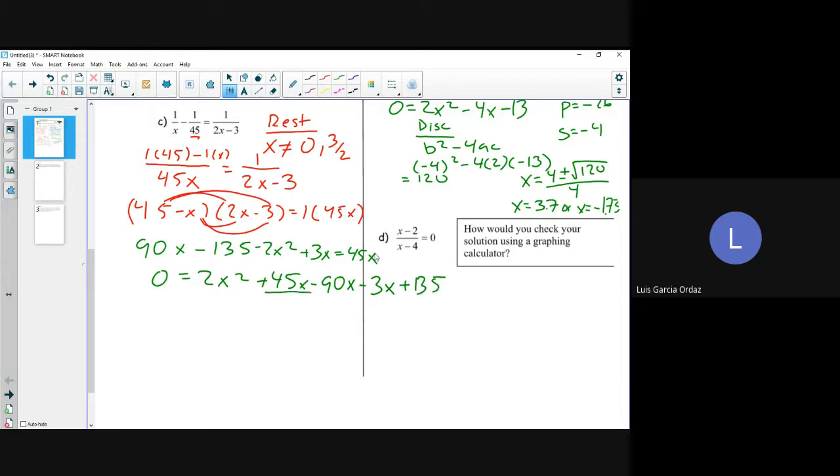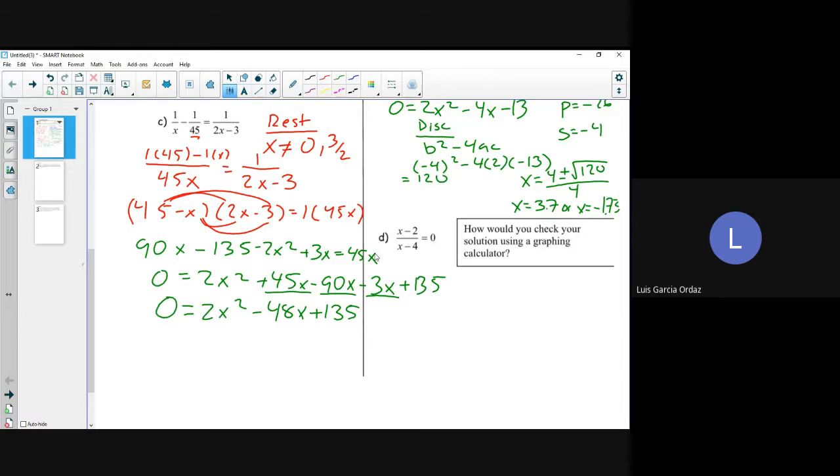And when we simplify our like terms, what do we get? What's 45 minus 90 minus 3? Negative 48x plus 135 is equal to 0.